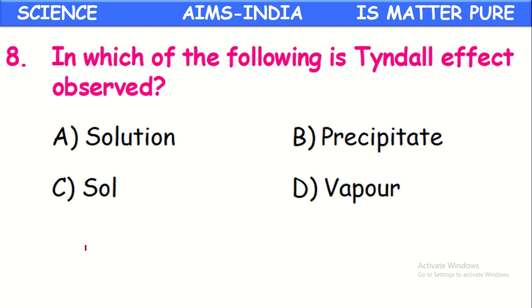Next, in which of the following is the Tyndall effect observed? Generally, it will be solutions which contain small solid substances that are not dissolved in the liquid, which are suspended. They are called colloidal solutions, and they can show the Tyndall effect.